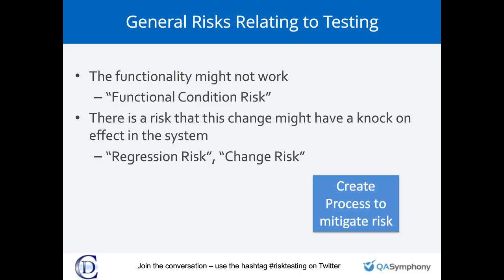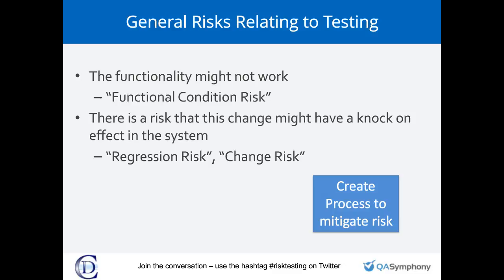The act of testing doesn't really mitigate the risk. If we were serious about mitigating the regression risk, we would analyze the change we're making, analyze the knock-on effect that it has in the system, try and isolate it, try and manage that change so that it doesn't cause a knock-on effect, and try and do things in a quality assurance process to make sure that we do it right.